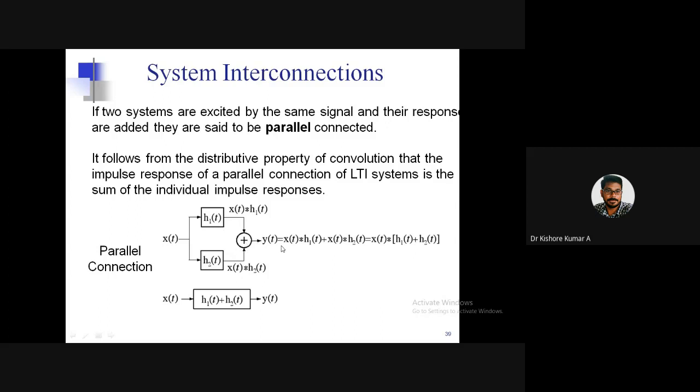Finally you will get y of t equal to x of t convolution h1 of t plus x of t convolution h2 of t. We can write x of t convolution h1 of t plus h2 of t. This is the parallel interconnection of systems.